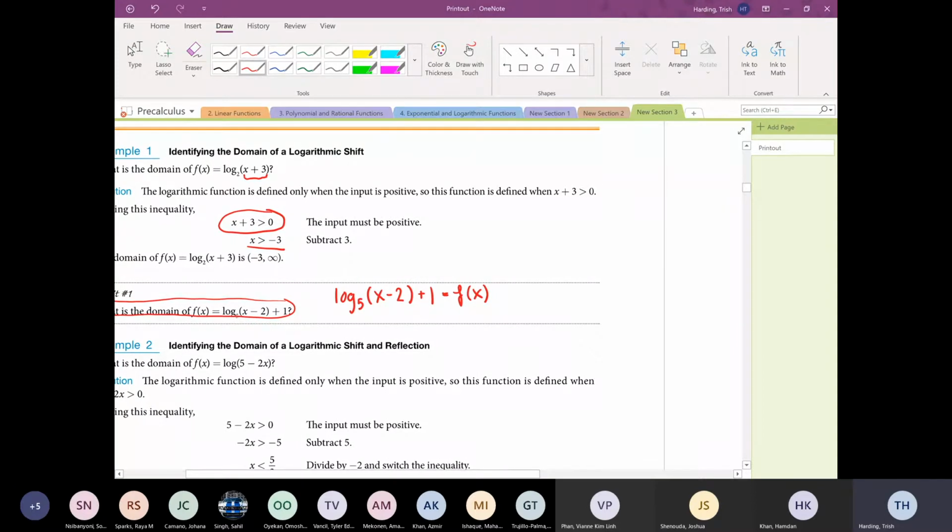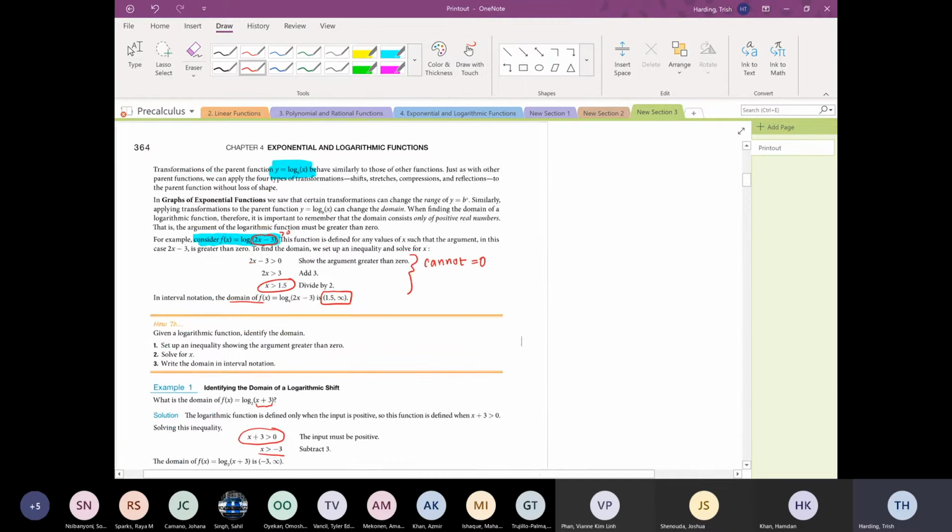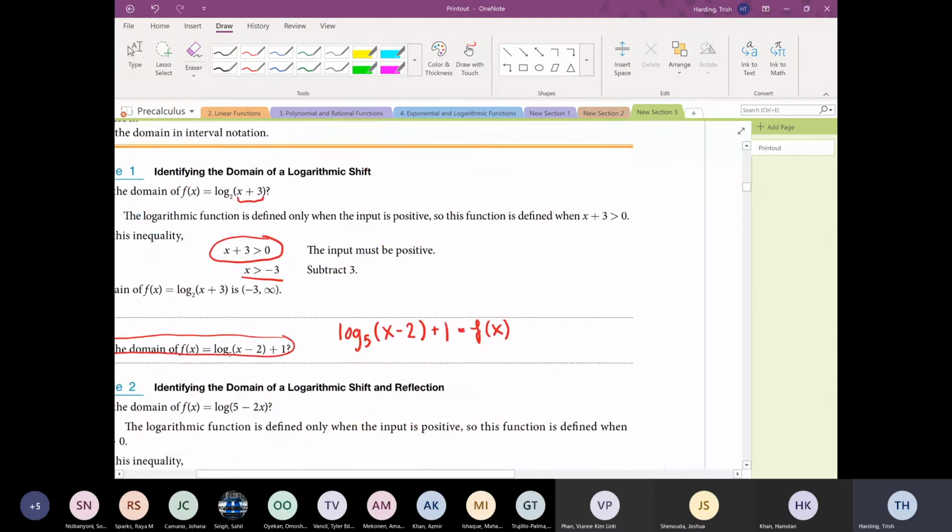That's because this log to the base 5 of x minus 2 is going to be a number in itself. So we're going to need x minus 2 greater than 0. I can move this 2 over by adding it to both sides, which gives me x has to be greater than 2. So my domain is now 2 to infinity.